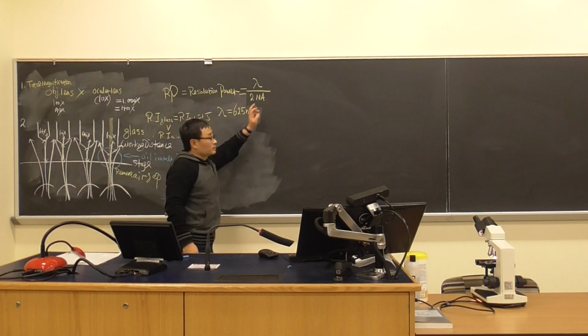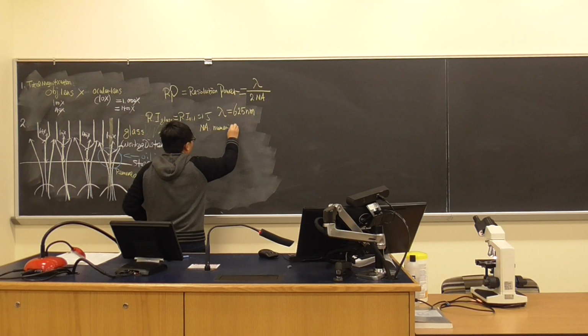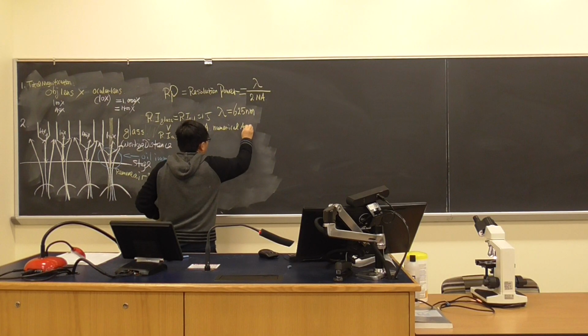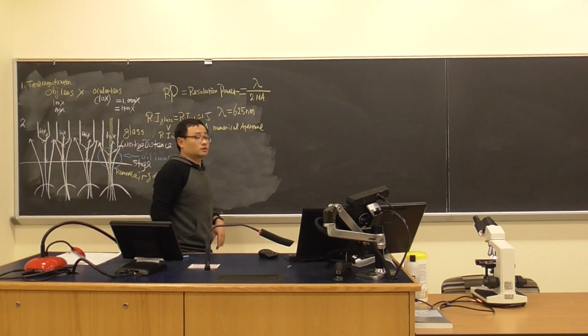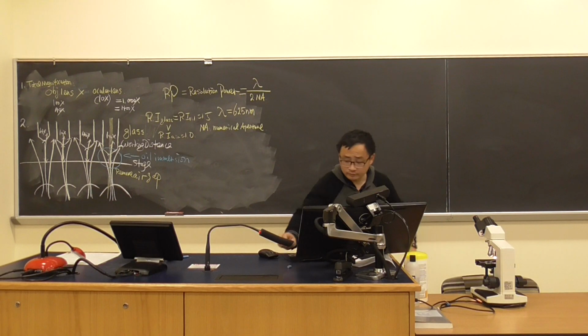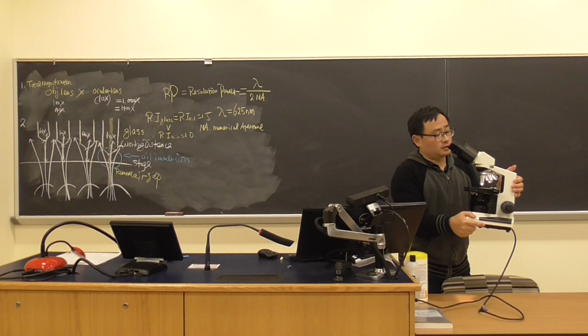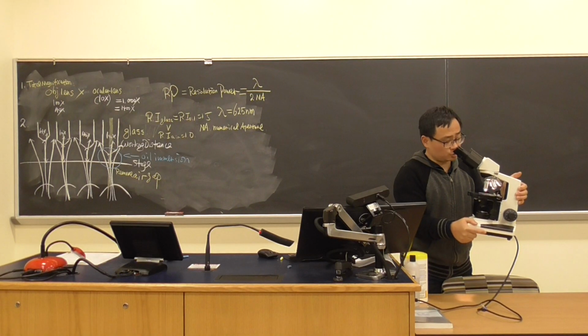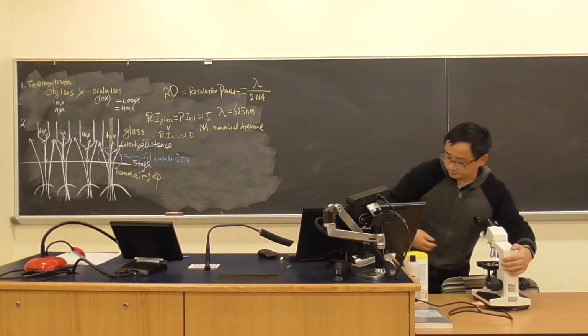Now what is NA? This is numerical aperture. When you look at the microscope, you see the edge. There is something like 100x OU 1.25.